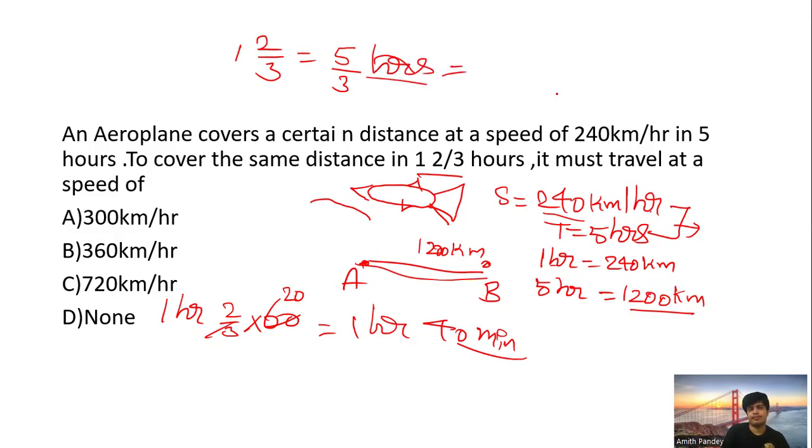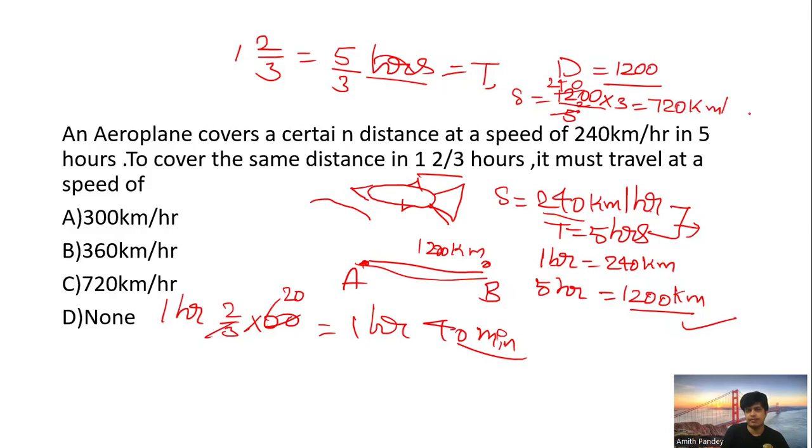Time is given, distance is given, so could you find the speed? Yes, speed is equal to 1200 divided by 5 by 3. So 3 will go up, and 5 fours are 20, so 240 times 3 is 720 kilometers per hour.